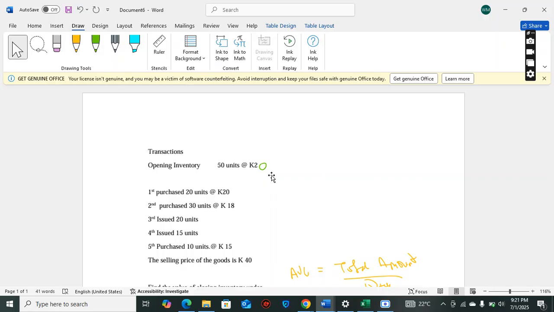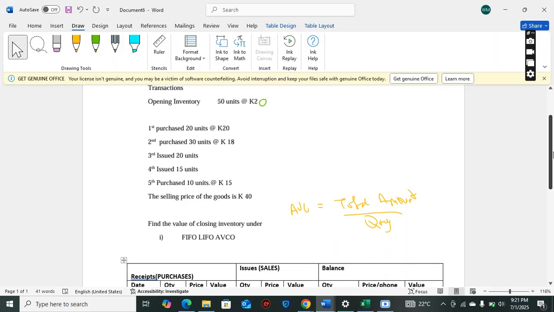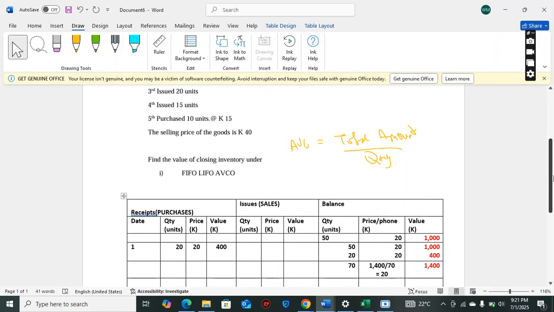Oh, that's the one you posted in the group. Okay, colleagues, should we use 20s? It was a typo error on my part. That's why I put 20 here.